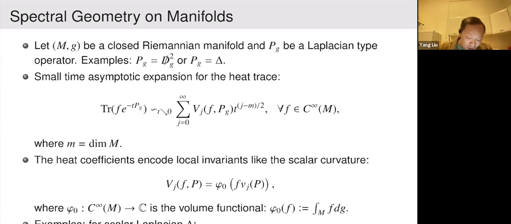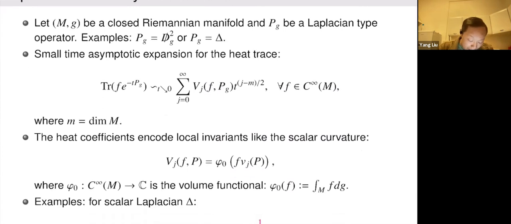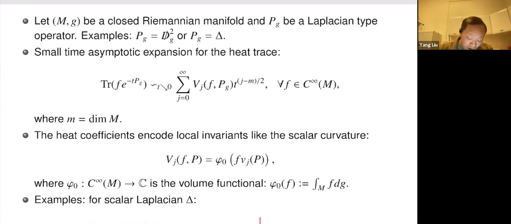Each coefficient, viewed as a functional, can be shown to be absolutely continuous with respect to phi_0, the volume functional, with a smooth Radon-Nikodym derivative. The density here is a smooth function on the manifold.